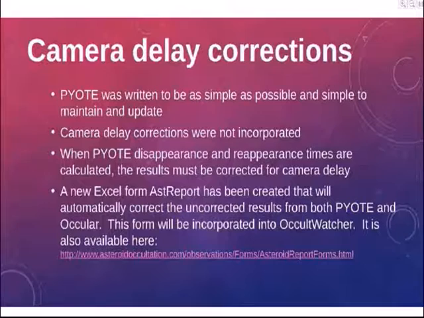Camera delay corrections are a difficult thing to deal with because there's so many cameras and it just gets to be very confusing. Bob didn't want to deal with that, so to keep PYOTE as simple as possible and not have a bunch of overhead maintenance for when cameras are added, he did not incorporate camera delay corrections into the PYOTE output disappearance and reappearance times.